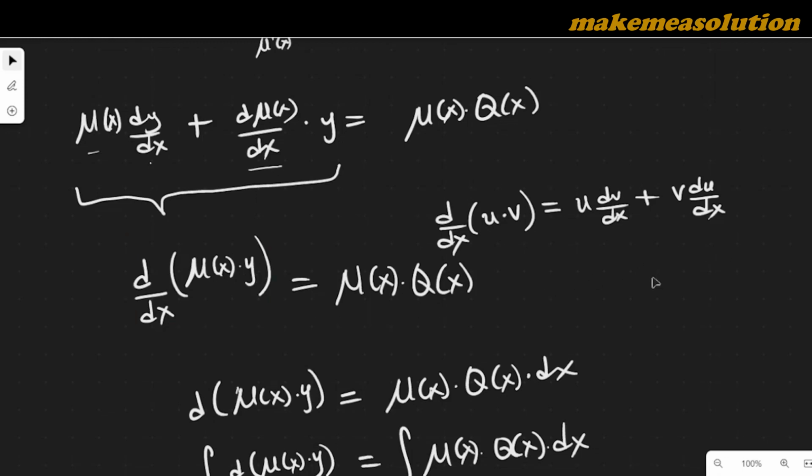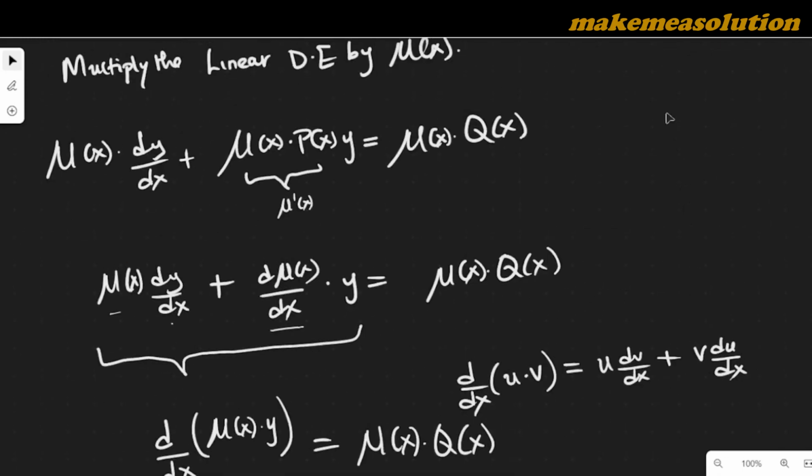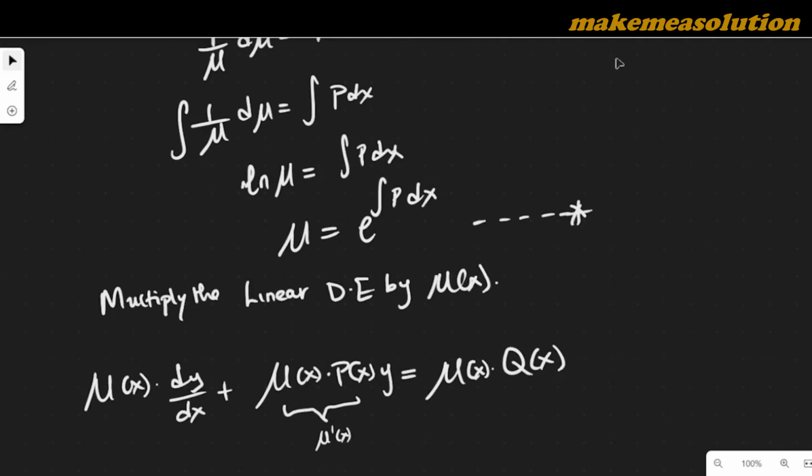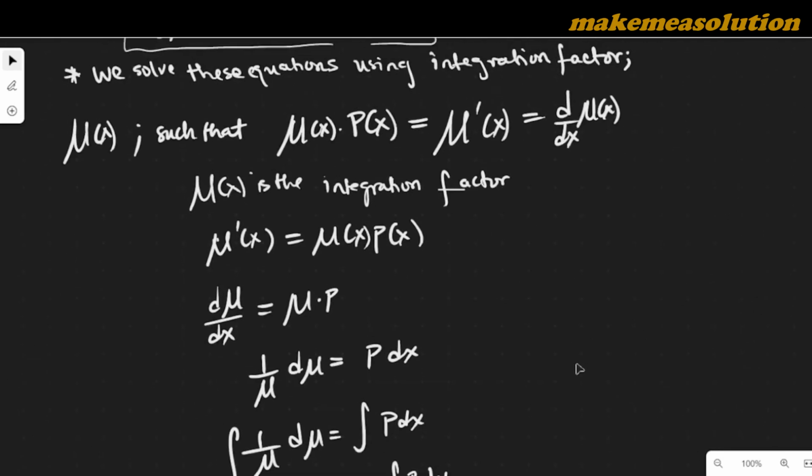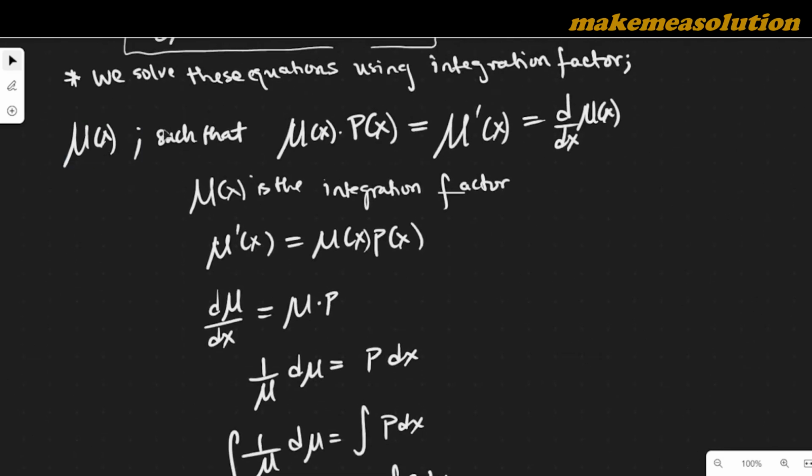Okay, so everything is just taking us back to this critical assumption that was made over here, that our integration factor should be such that whenever we multiply it by p of x, it must evaluate to this term mu prime of x, which is still in the mu here.